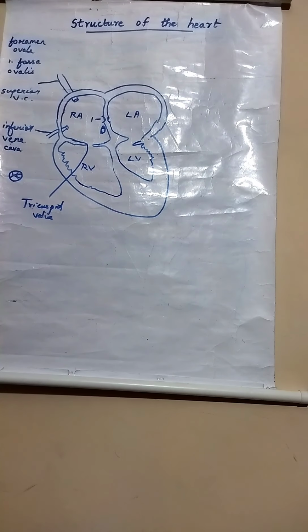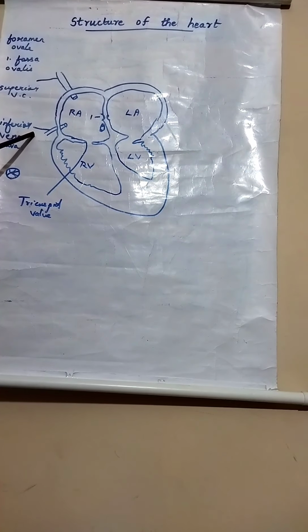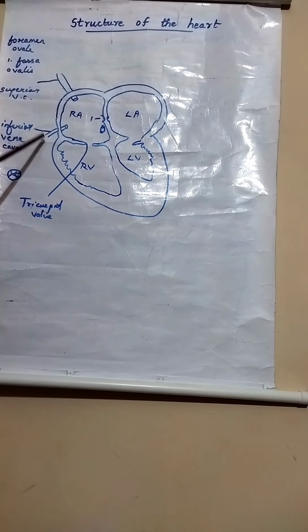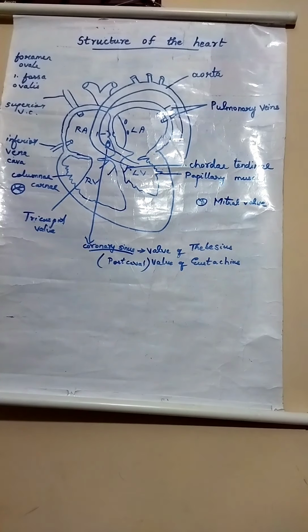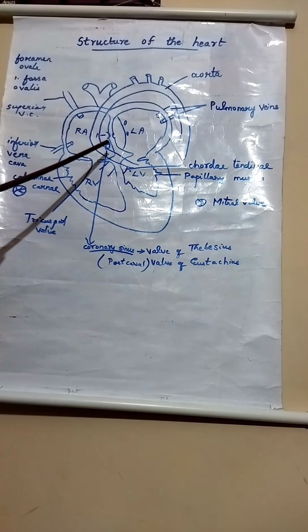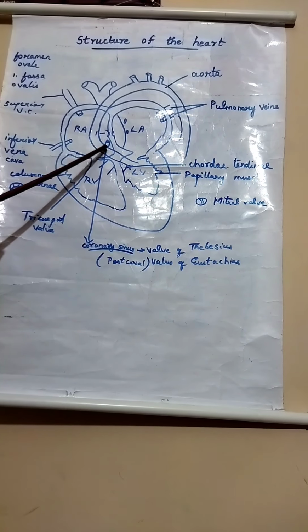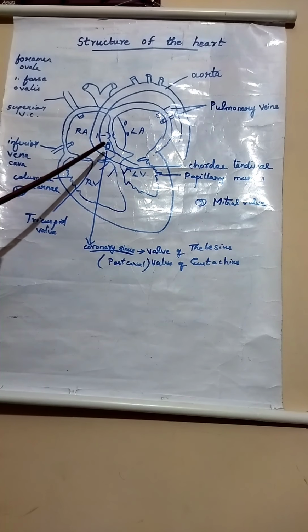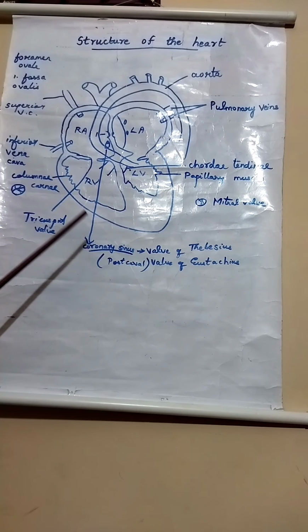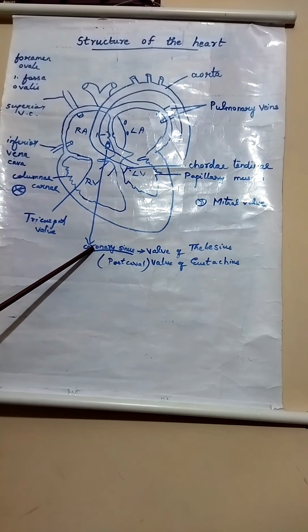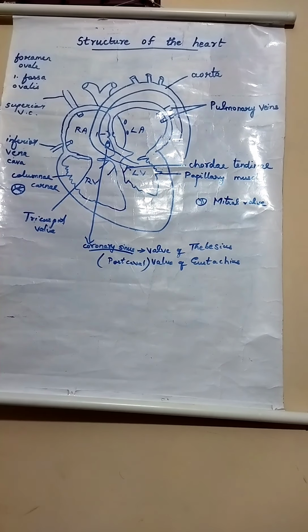Now if you look at the inferior vena cava, this also has valves so that the blood doesn't go backward. The opening that you see here in the right auricle is nothing but the coronary sinus. Now this coronary sinus is going to bring deoxygenated blood from the walls of the heart.